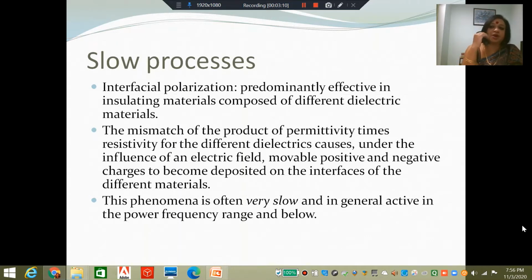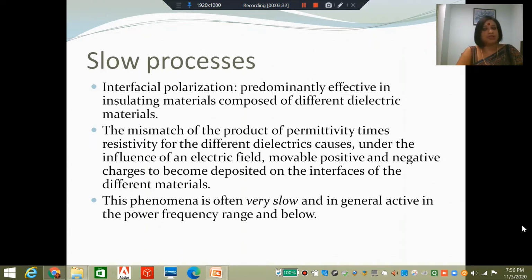So depending on the material, the dipolar polarization will definitely take much more time than either. It's not going to be instantaneous, but it will take short times or long times depending upon the material in question.